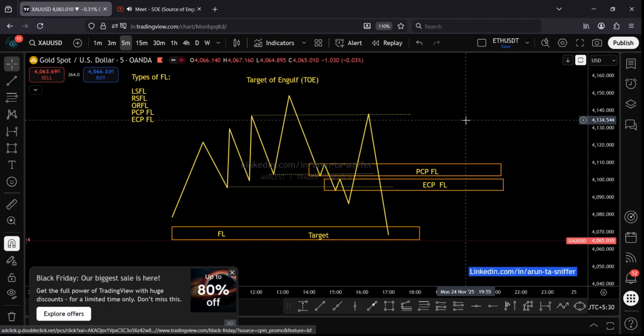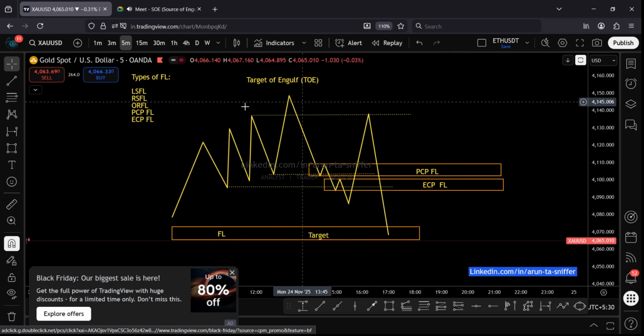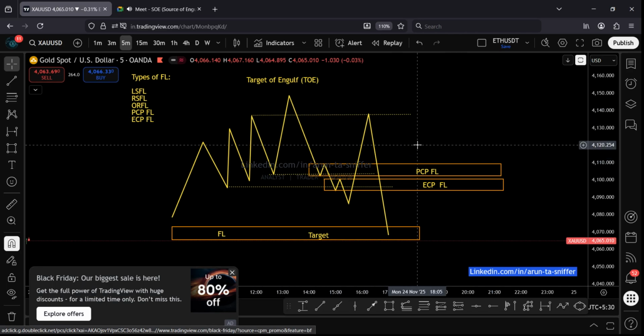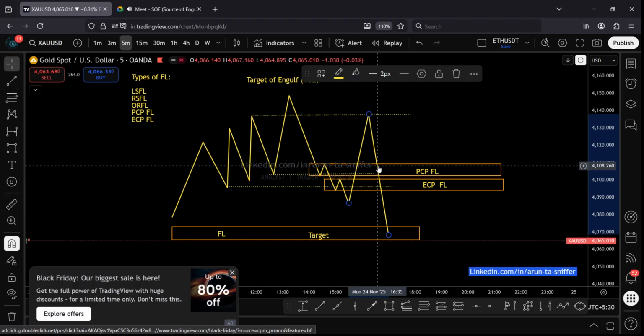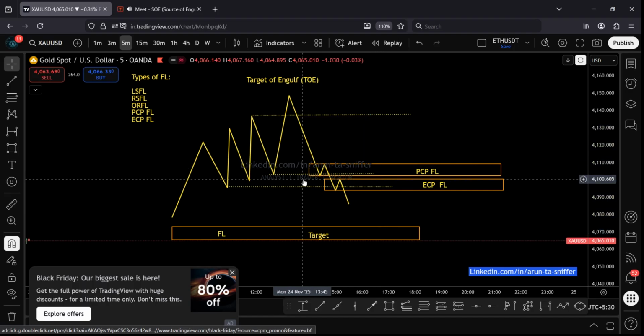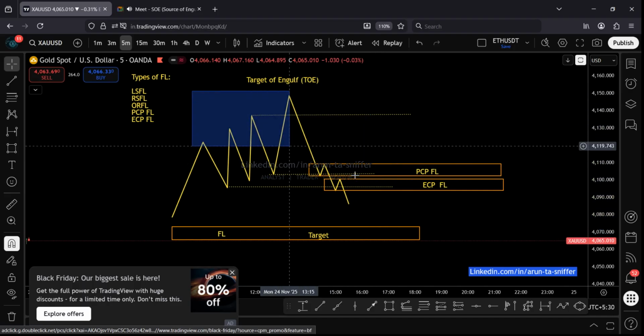So let's see how the price reached the LS. We have seen the types of FL and also along with LS in these structures. So now we will see only compression type price action. So let's delete this.